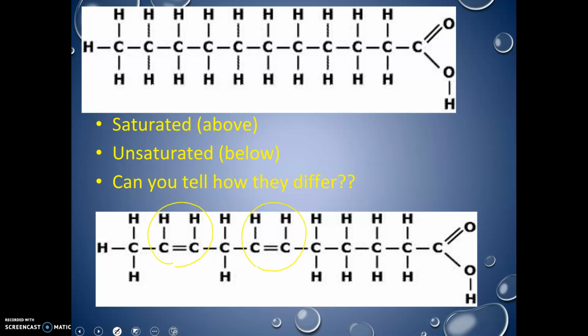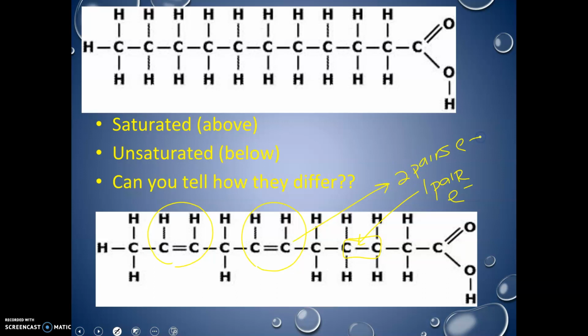So what's a double bond? I said this in class and I didn't even think about the fact that somebody asked me, what does that mean? What is a double bond? Every time you see a bond, it means that these 2 carbons, for example, are sharing 1 pair of electrons. In a double bond, they're actually sharing 2 pairs of electrons.